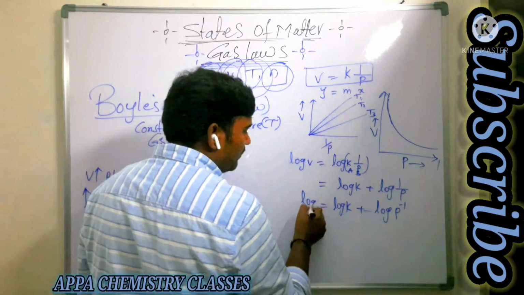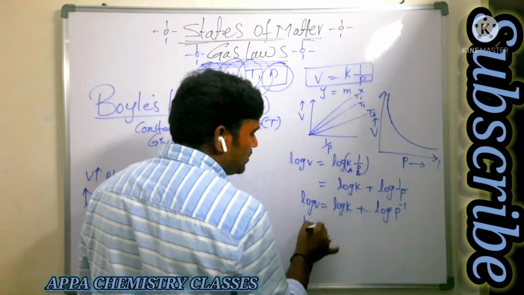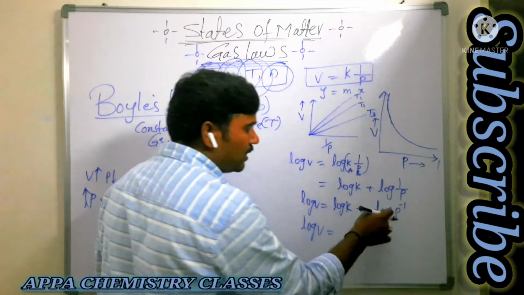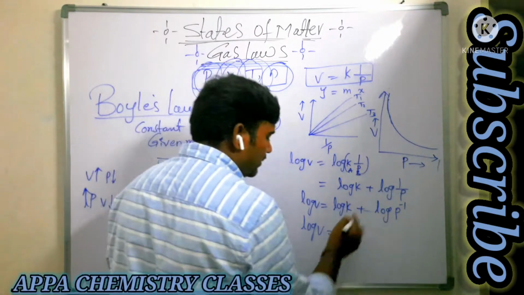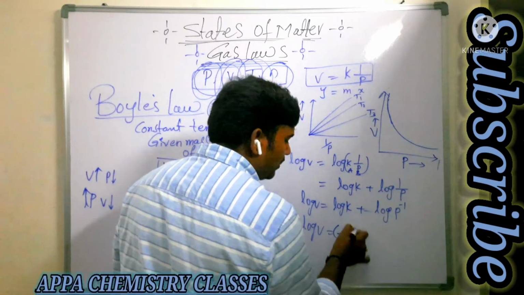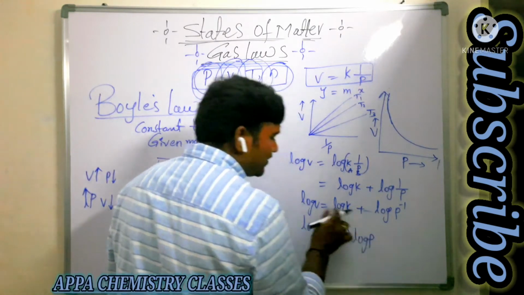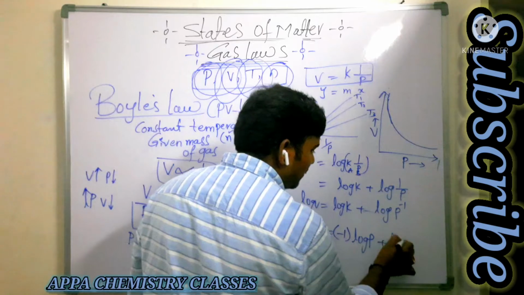So from this, log V is equal to log of P power minus 1, which in the log of x power n form, you take the n in front, that is minus 1 into log P, plus log K.